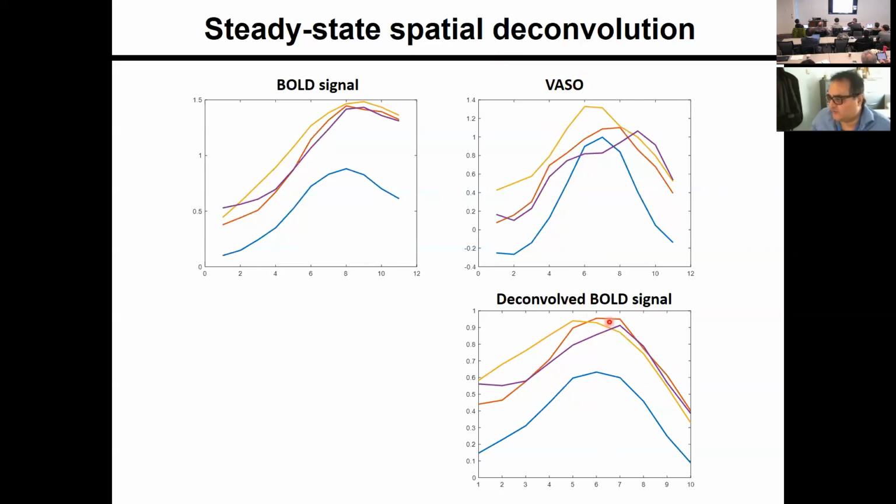However, the peak behavior is getting similar, at least more similar than the original BOLD signal, which gives us confidence that our approach, even though it might not be perfect and solve all the problems, is at least reducing some spatial bias.